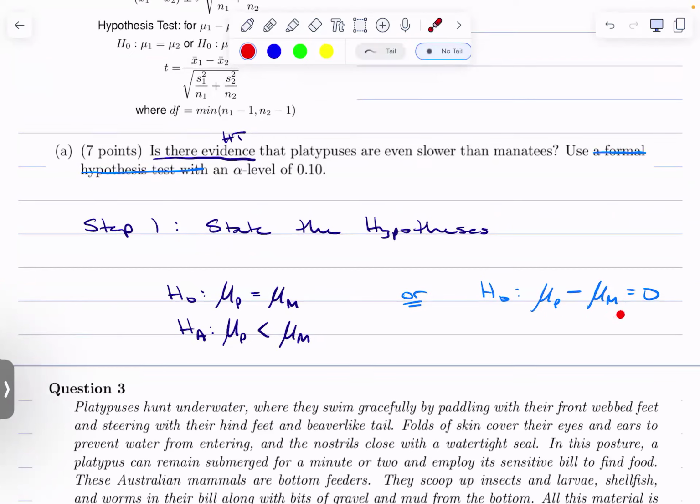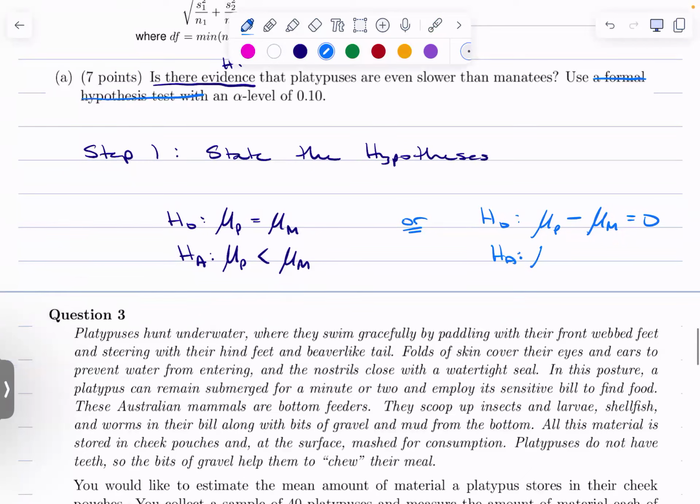Because if mu p is consistently less than mu m, then I would get a difference that's less than 0, right? I would get a negative difference. And so that's the reason I don't really like this version. I think it's harder to wrap your head around, but it is technically the point estimate, or where the point estimate came from. So who am I to say? Oh, but just pick one.